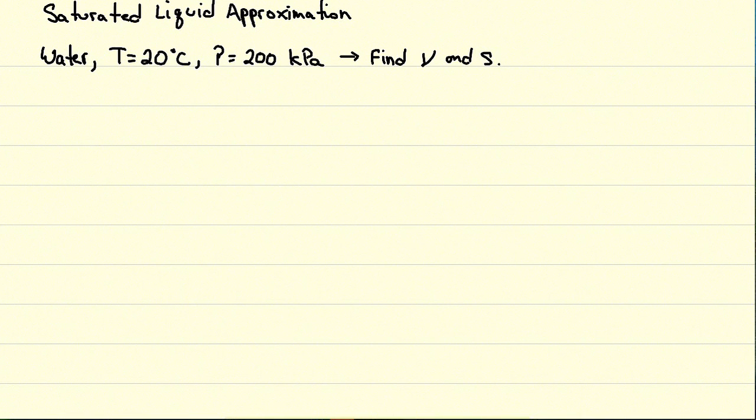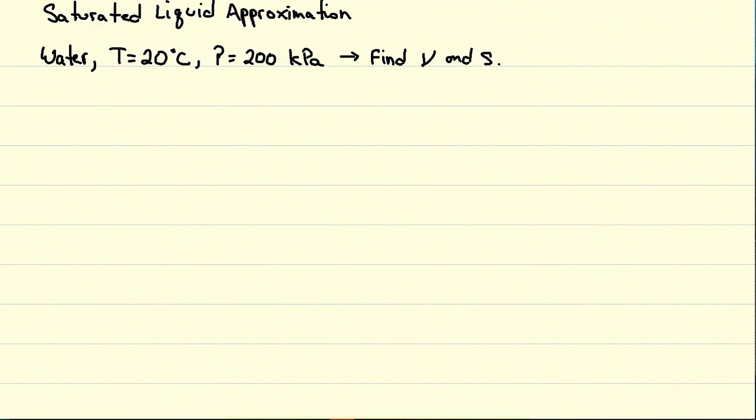And if you just think about it intuitively, if you have a liquid at 20 degrees C and 100 kPa, and you increase the pressure, you pressurize it, well, it's still at 20 degrees C, but it's at a higher pressure. You've compressed it. That's going to keep it a liquid, right? You're not expanding it, which would cause it to vaporize. You're not going to a lower pressure like we did, for example, in the previous example.